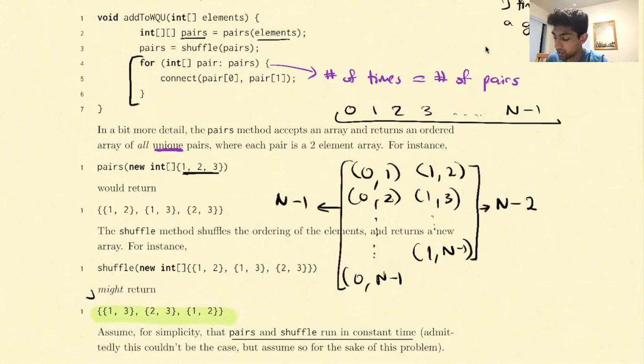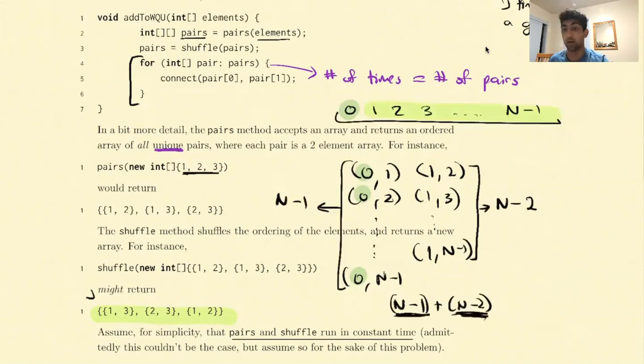The reason is because 0 is going to be the first element in a pair with everybody that's later than it in the list, okay? So the total amount of pairs that we will have is going to be the sum of n minus 1 plus n minus 2. These are all of the pairs where 0 is the first element.